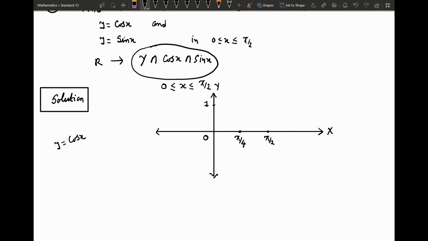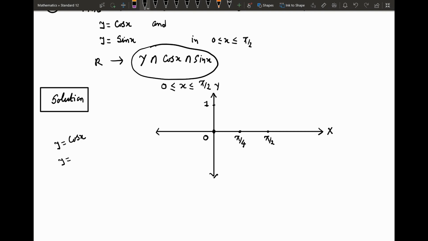So for y equal to cos x, if we take x 0, cos 0, so y is 1. X equal to pi by 4, cos pi by 4, it will be 1 upon root 2, and cos 90 will be 0.